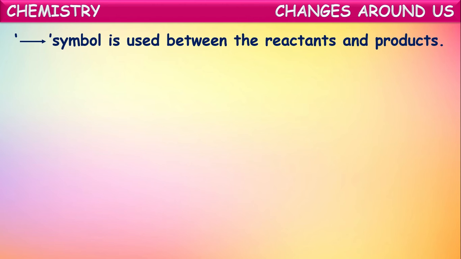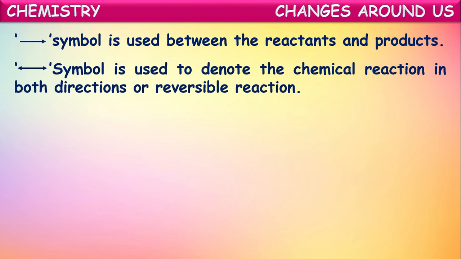Next, the arrow mark symbol is used between the reactants and products. A single-sided arrow mark is shown between the reactants and products, pointing towards the products from the reactant side. And we observe in some chemical reactions, a two-sided arrow mark symbol is used. This is used to denote the chemical reaction in both directions, which we also call reversible reactions.